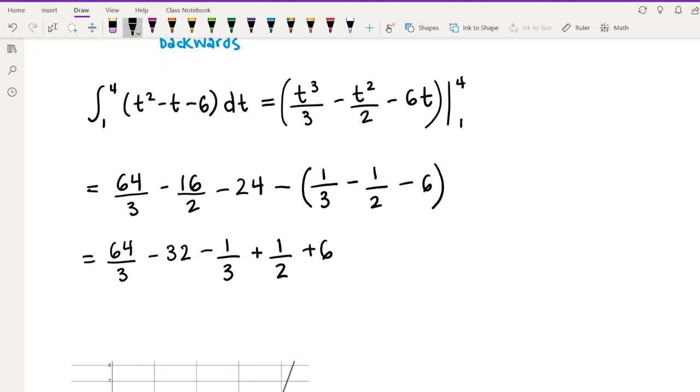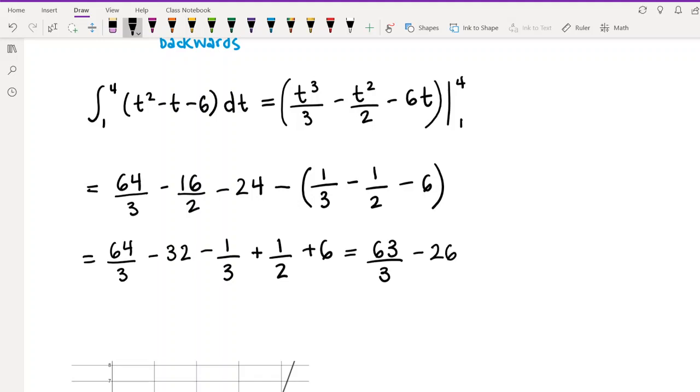So let's make a common denominator with everything. I guess first let's combine these two fractions that both have thirds. So we have 63 over 3, and 63 is divisible by 3. It is, it's our lucky day. So we're going to have 63 over 3, which is equal to 21. And then we have minus 32 plus 6, so that is equal to negative 26.